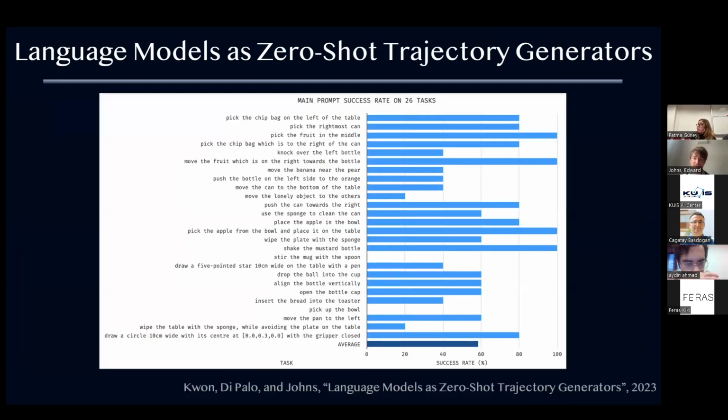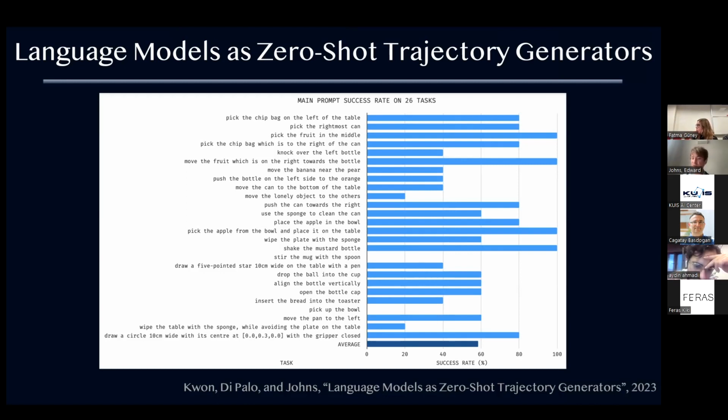Here are the results, the success rates. The success rates are certainly nowhere near 100% on average, but this was the first work to really explore what GPT really knows about low-level control and dense predictions of trajectories. We're getting, on average, over a 50% success rate on all of these different tasks.